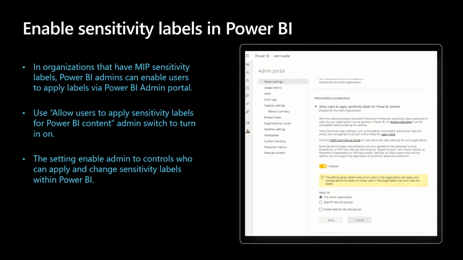So, if you ask yourself, so where do we start? For tenants that already have MIP sensitivity labels, Power BI admins can go to Power BI admin portal and just enable sensitivity labels in Power BI using allow user to apply sensitivity labels admin switch.